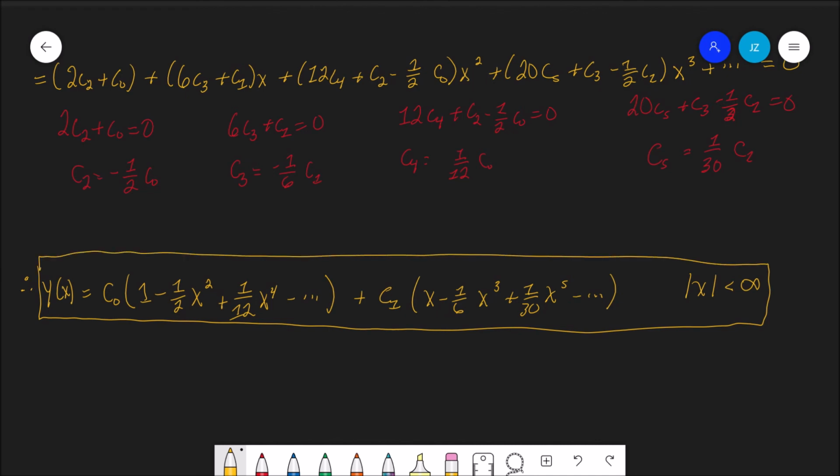And again, it's really difficult to try and write this in a summation form, so we're going to leave it in this form.